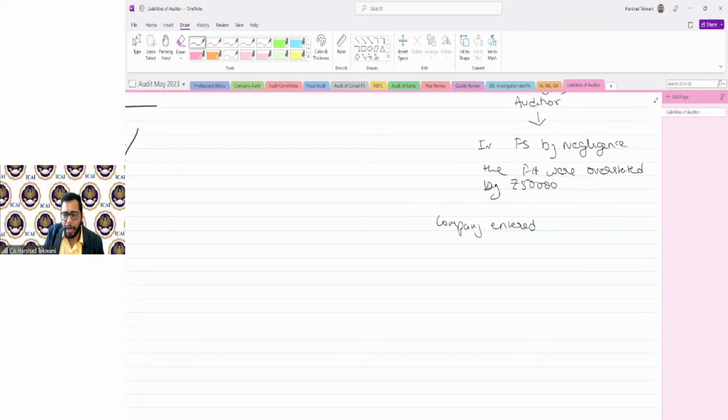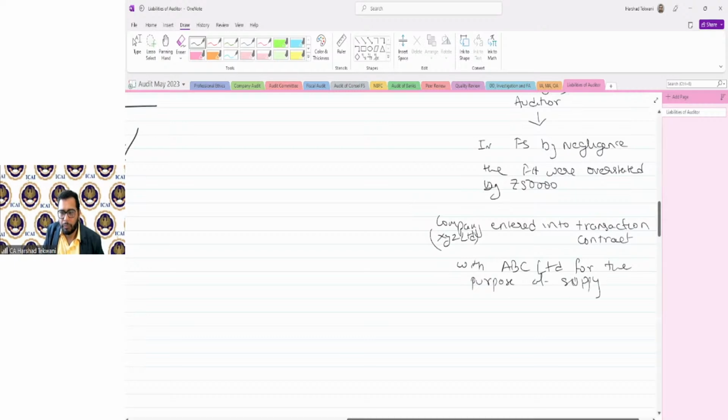A company entered into a transaction or contract, not with X, X is the auditor, but with ABC Limited. Now let's say XYZ Limited entered into a transaction with ABC Limited for the purpose of supply of goods.